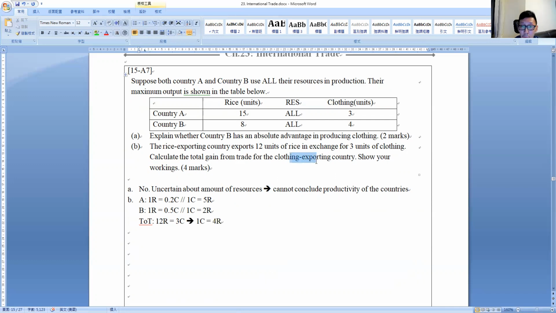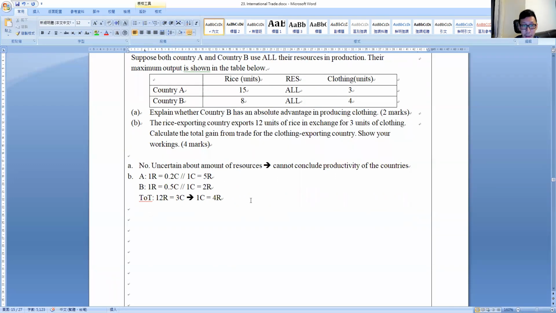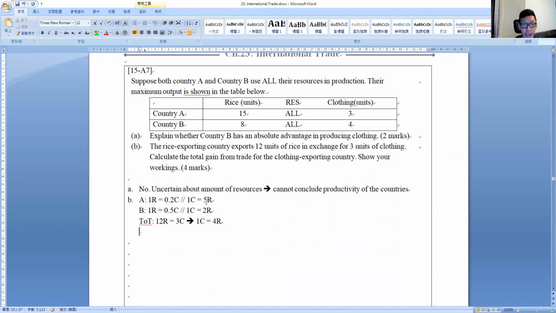Which country would export clothing? According to our figures, it should be country B. So the per unit gain of country B for exporting clothes, how much does it earn for each clothing exported?